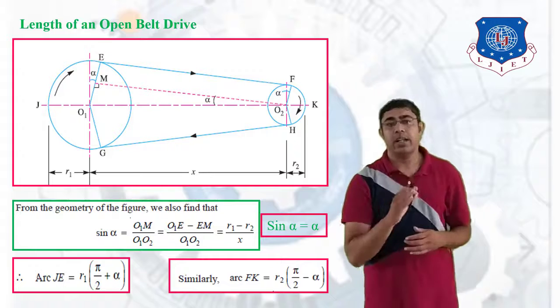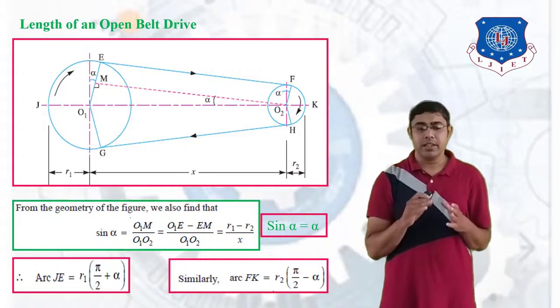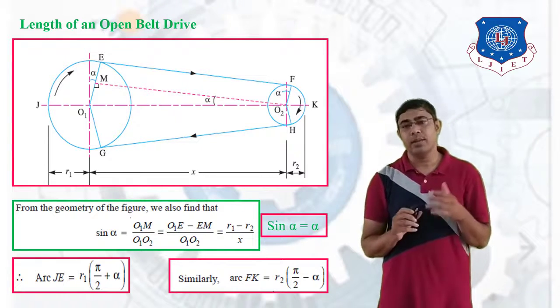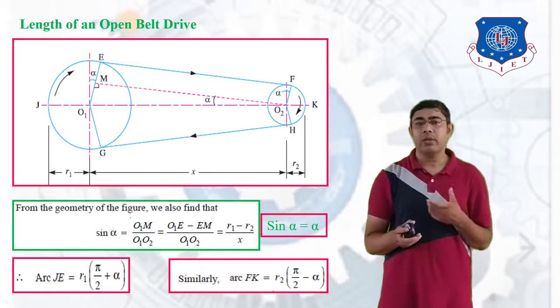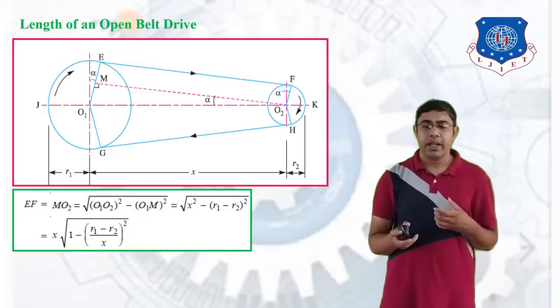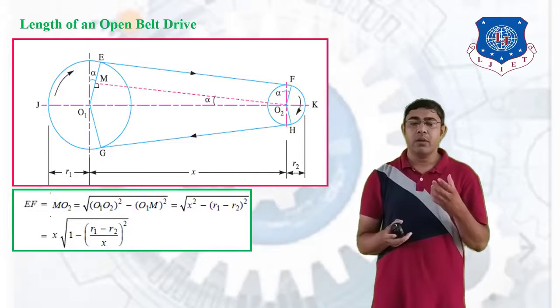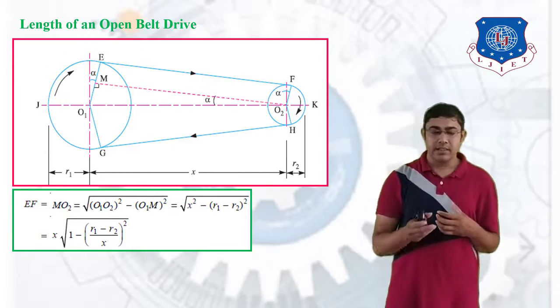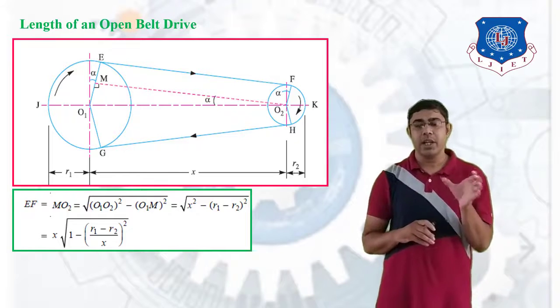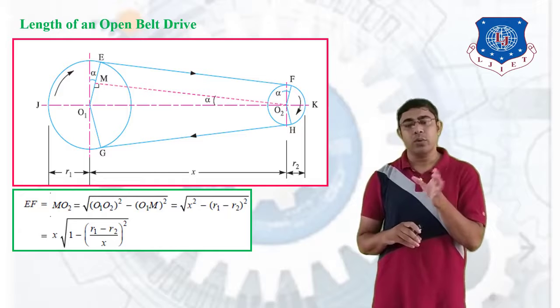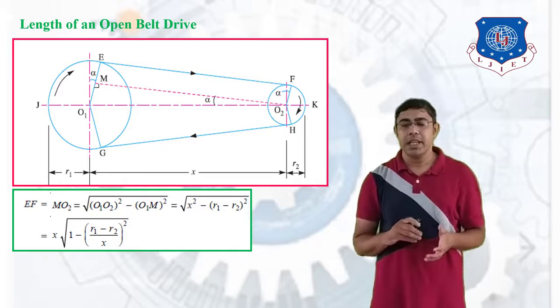According to the length of belt, we need both these arc values, and we also need the value of EF. For that we consider the triangle O1MO2. In the figure, the distance MO2 is equal to the distance EF.